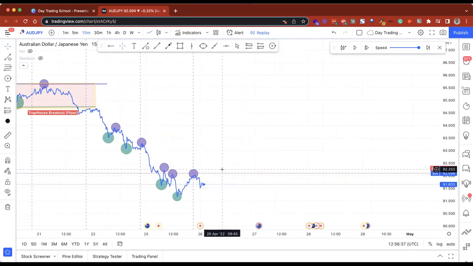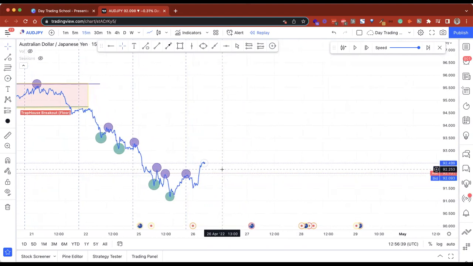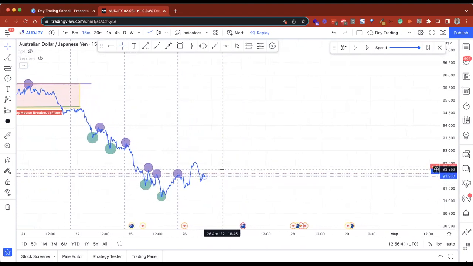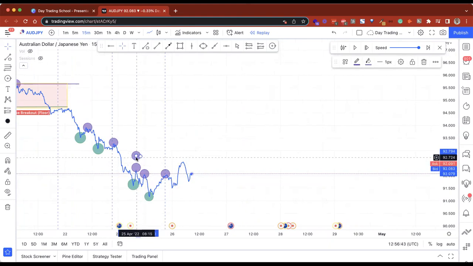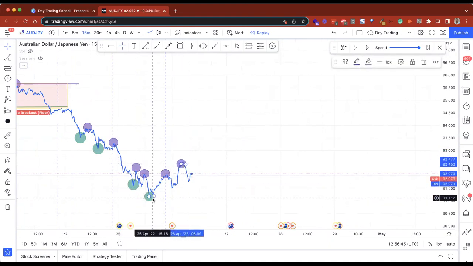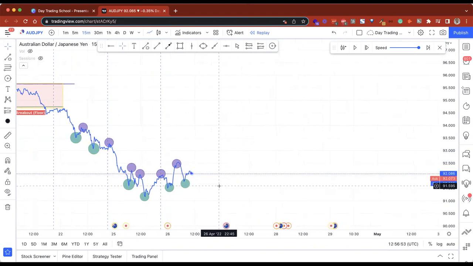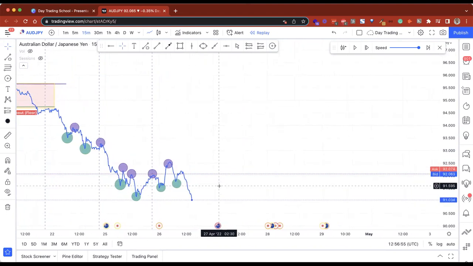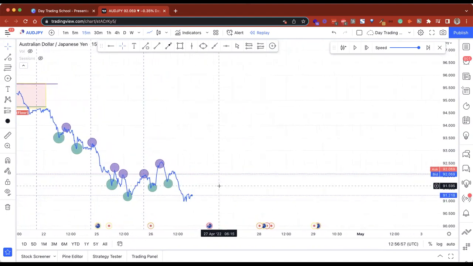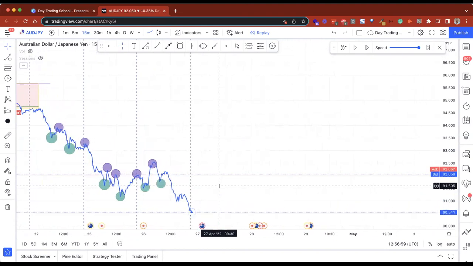Y'all seen anything yet? Any lines that could be connected? Yep. I see a V. Yep. Right. Oh, you already see that. Yeah, we're looking for a straight line, a horizontal line where we can connect circles. So let me know if you see a horizontal line where we can connect the circles.